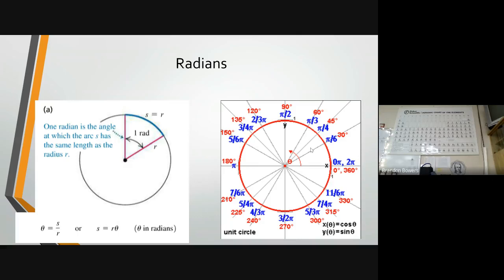If you go halfway to pi, it's just pi over 2. If you go a third of the way to pi, it's pi over 3. Pretty straightforward. And then once you go all the way back around the circle, you get 2 pi, 360 degrees.